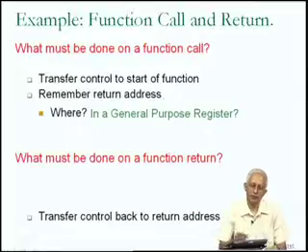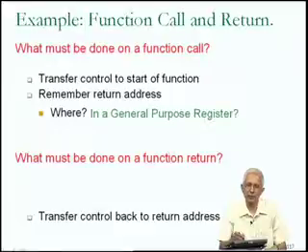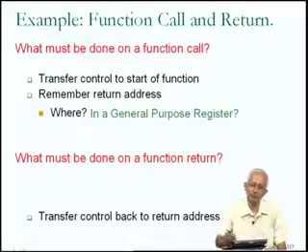Now the problem with remembering the return address in a general purpose register is that this may not actually be a safe solution, because there's no guarantee that the general purpose register in which I save the return address will survive with the value that I had saved there for long. Let me just give you a simple example. Let's suppose that there is a function called A, which is calling itself.